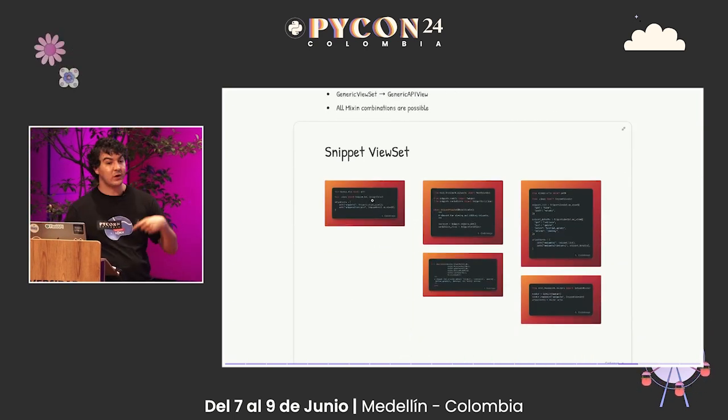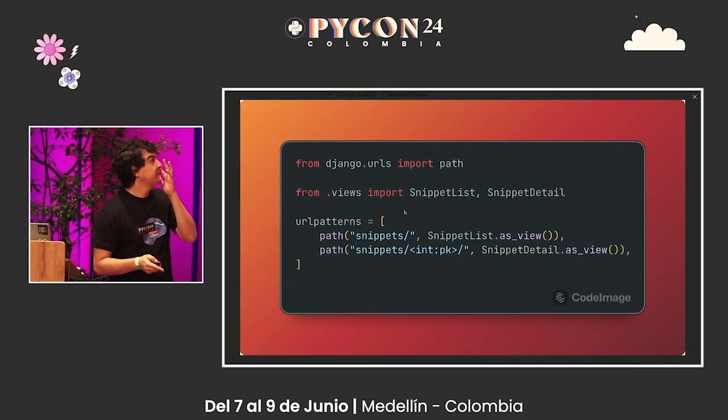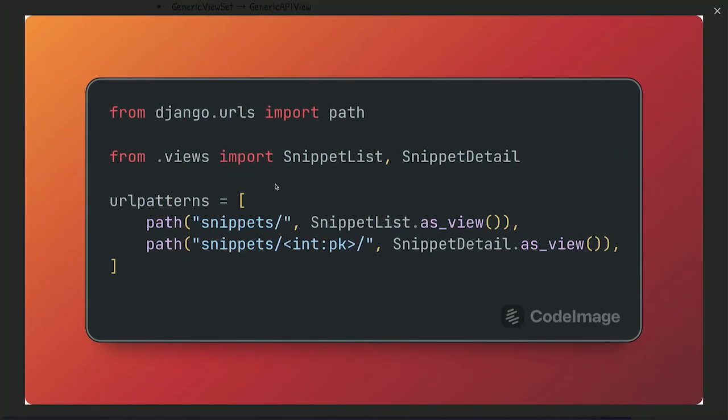And then what we had earlier, so with the previous snippet that I showed, I would need these two URLs. So the snippet list as view mapping to this URL, and then the detailed one, which I didn't show, where you have the detail implementation, the update, and all this stuff, mapping to the specific primary key endpoint.